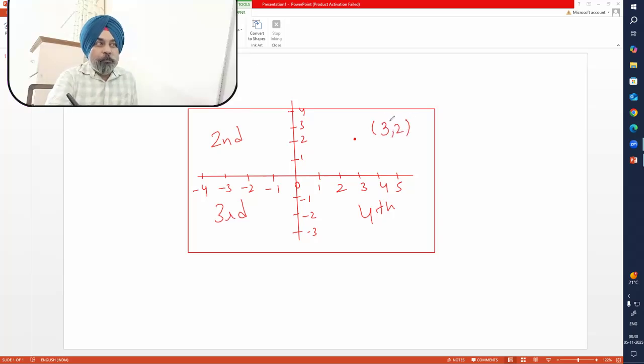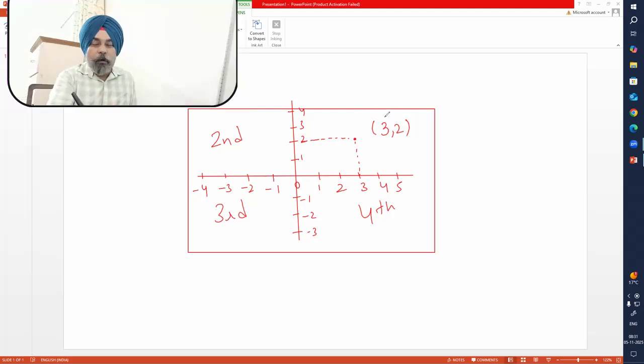In the first place, we put the coordinate of the point on the x-axis, which is perpendicularly below that. In the second place, we write the coordinate of the point which is perpendicular to the vertical axis, and that is 2.